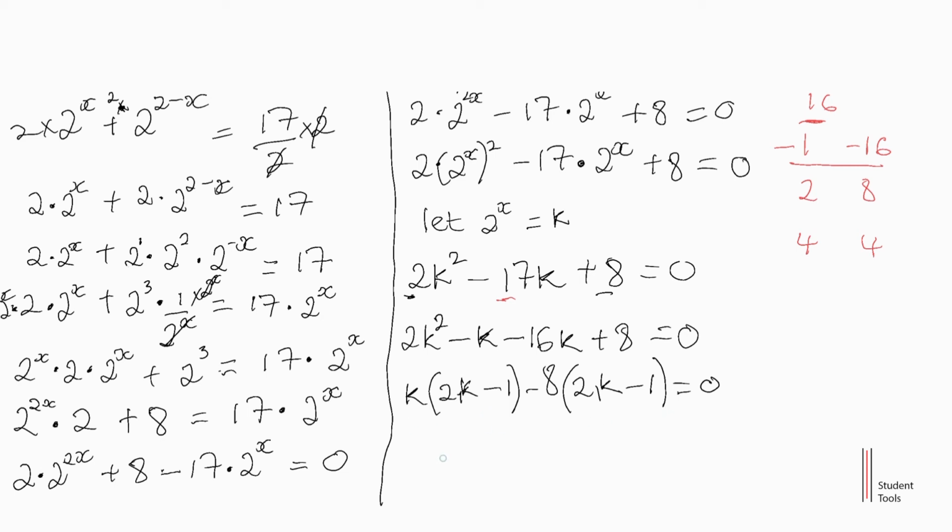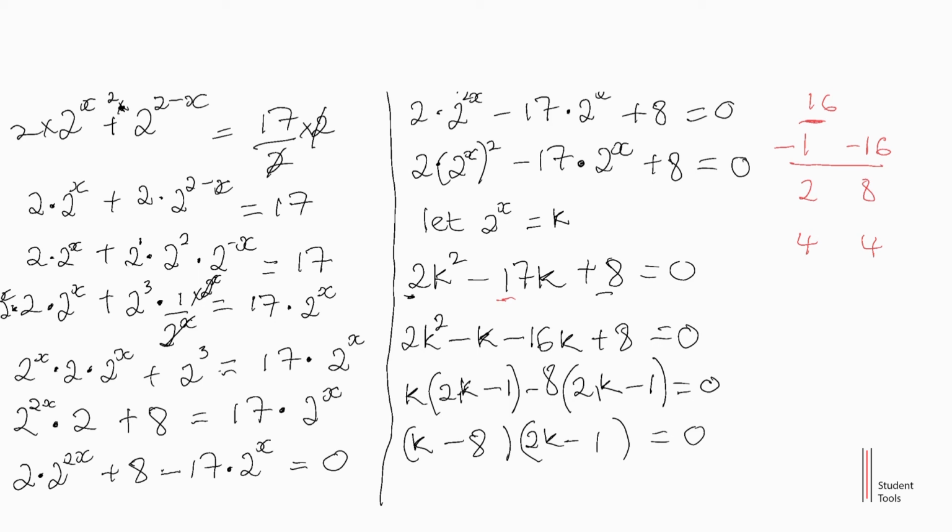To factorize this, we will open two brackets, equal to 0. On the first bracket, we will take these terms that we have factored out, so we have k and -8 here. And then we have the common bracket, which is 2k minus 1 here.